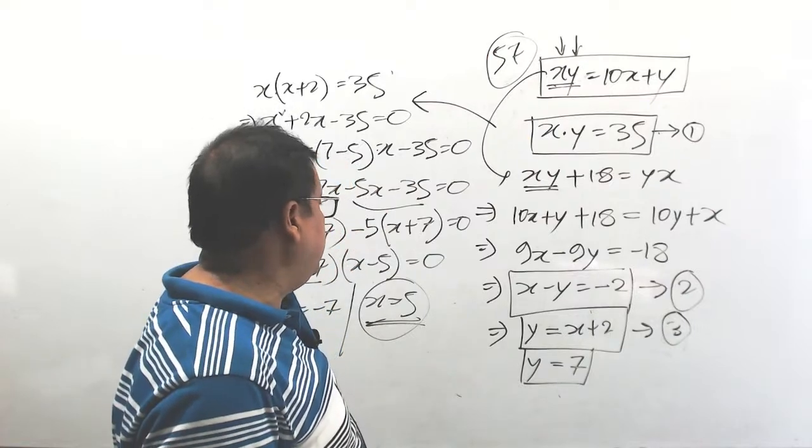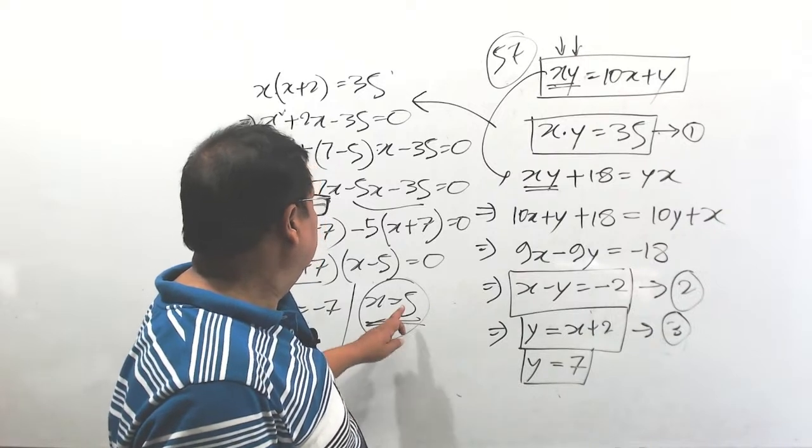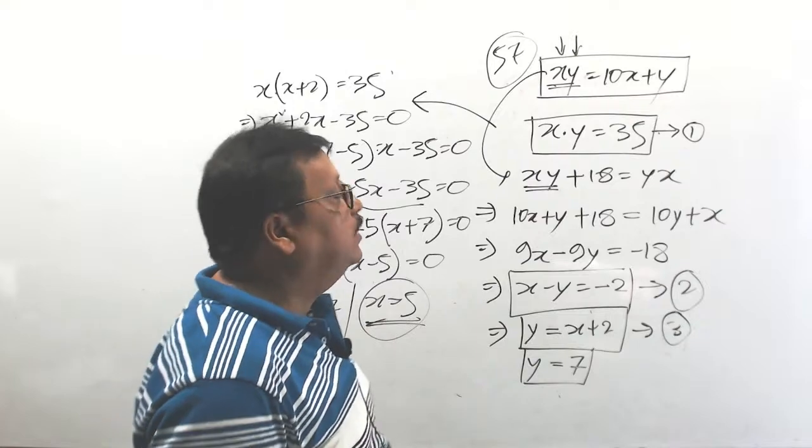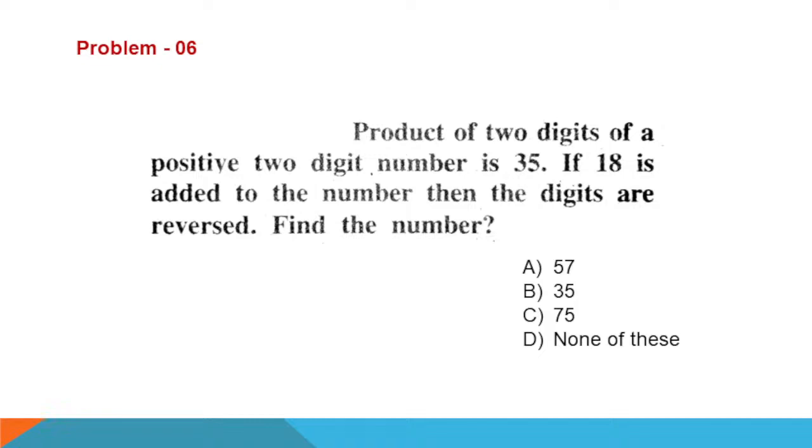57 or 75? Answer is coming 57. Have I done any mistake? Oh, answer is 57.